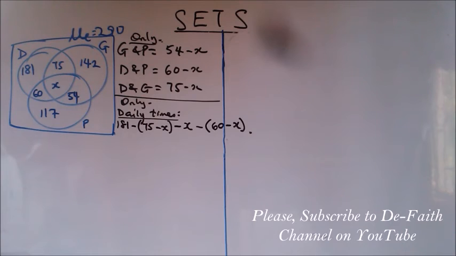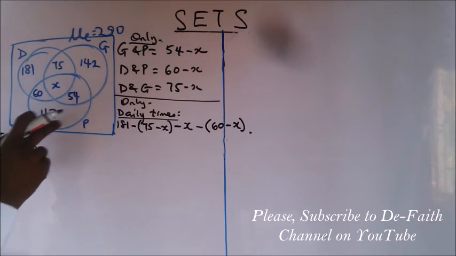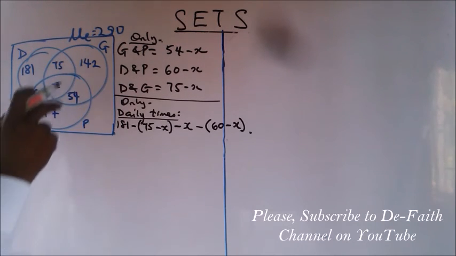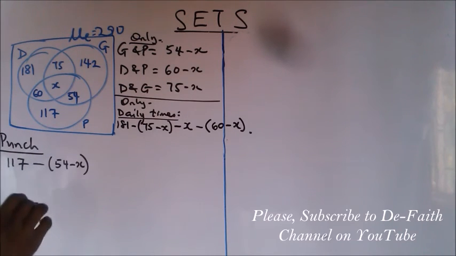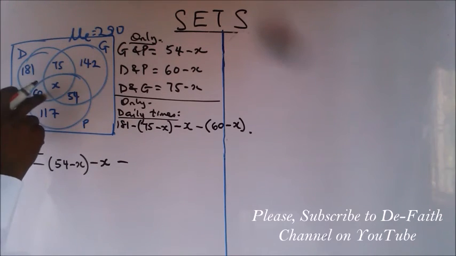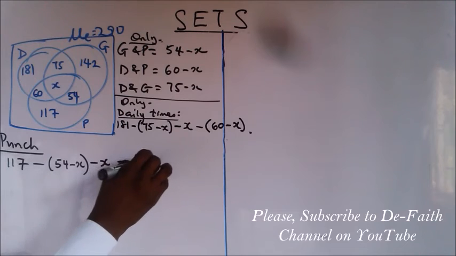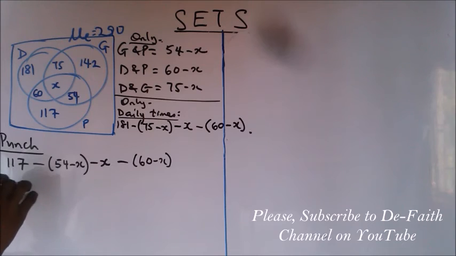Next, for those that read Punch only. For Punch only, here we'll have 117, which is for Punch, the whole of Punch, minus those that read Punch and Guardian, which is 54 minus X, minus X, minus 60 minus X, 60 minus X. And for those that read Guardian only, here is Guardian.